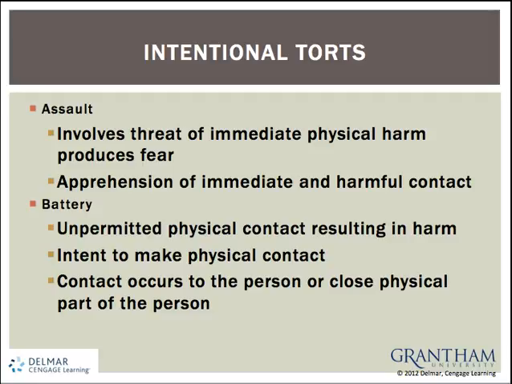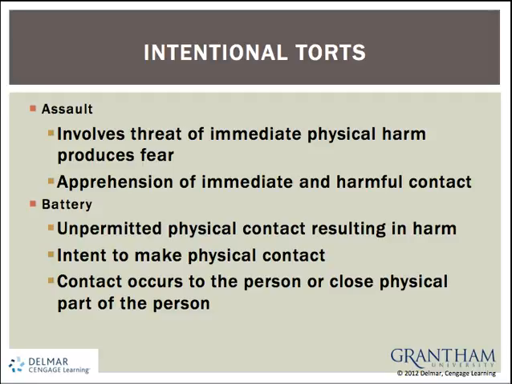It's important to note that assault protection is actually quite a limited cause of action. The classic example of this might be if somebody points a gun at you and says, "I'm going to kill you." Somebody may be able to sue for assault, even if the person doesn't pull the trigger, because in that case, the plaintiff would be able to show that they were under the threat of immediate physical harm and it produced fear.